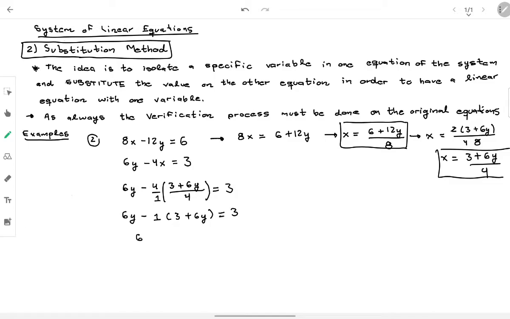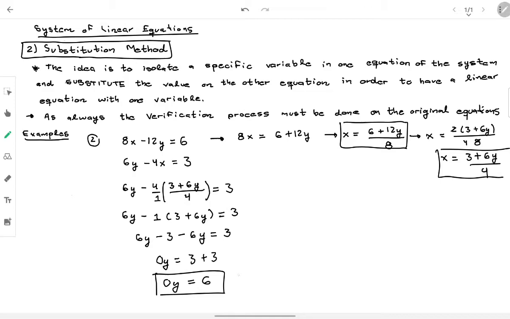It's going to be 6y minus 3 minus 6y equals 3. So we will get 0y equals 3 plus 3. 0y equals 6. That means it is impossible to have 0 multiplied by something to give me 6.